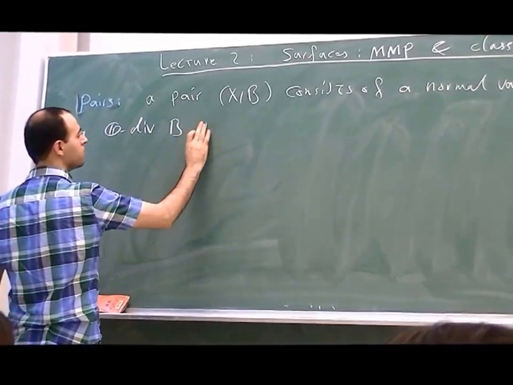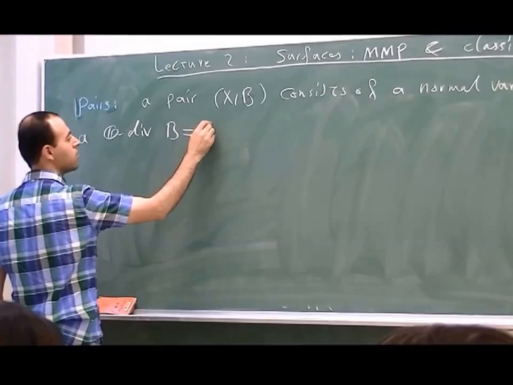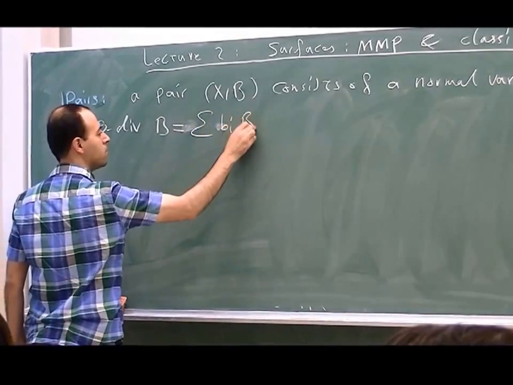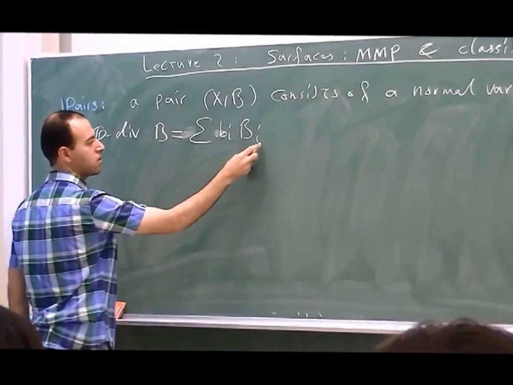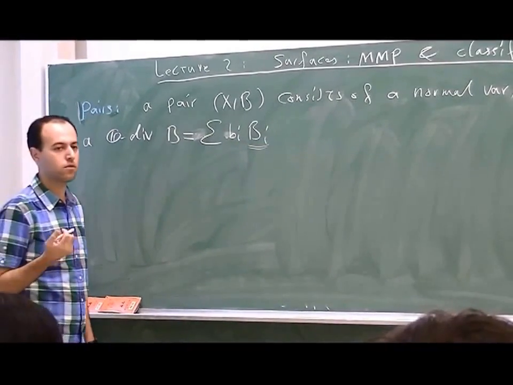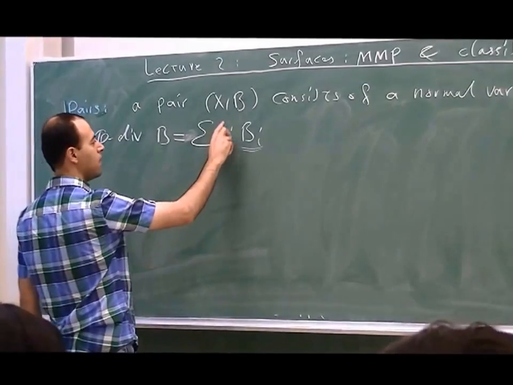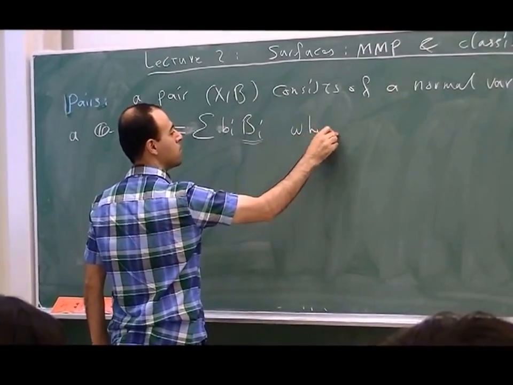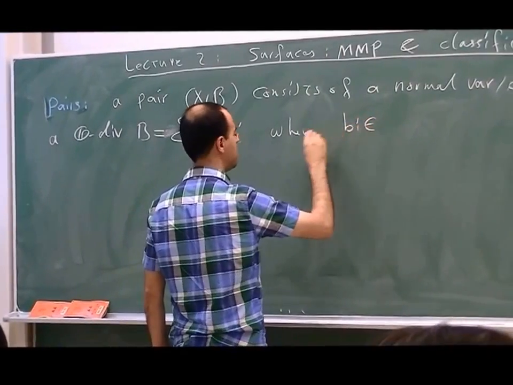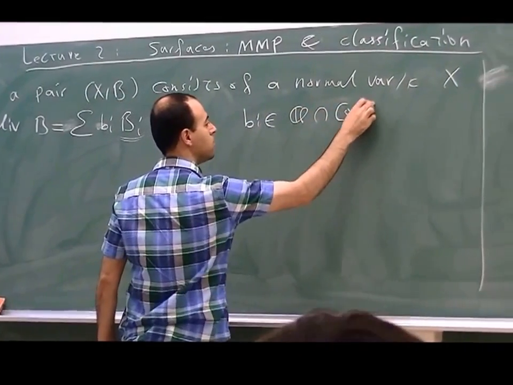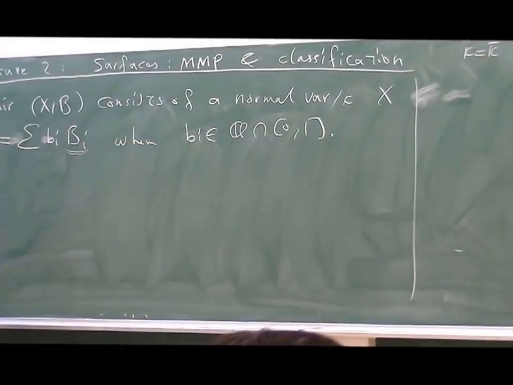Divisor B. So the Q-divisor just means that you have a linear combination of prime divisors. These are just irreducible subvarieties of dimension 1 less, just like hypersurfaces. And then you have some coefficients here, where the b_i, in this case I assume rational, are also between 0 and 1.